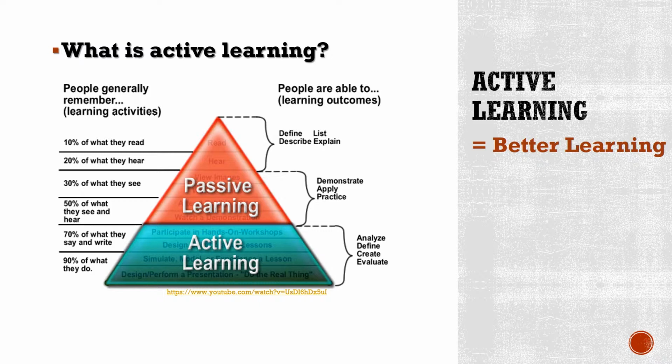They allow for student collaboration and for the teacher to be a facilitator of the learning, which offers greater opportunities of growth for all learners. So again, our goal should be for greater retention, to know that 70% of what they say and write is retained, but more importantly, 90% of what they do is retained.